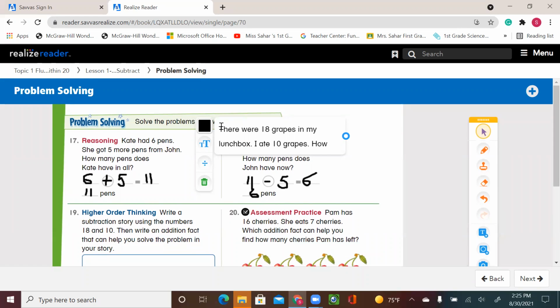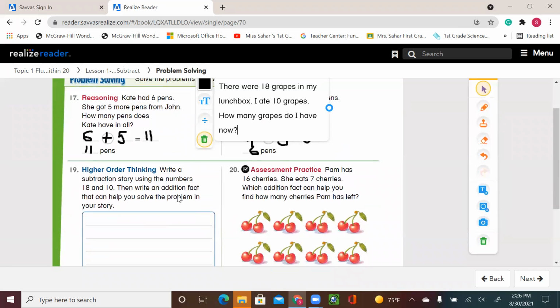So how many grapes do I have now? Okay, and then we're going to write these down here. Then we're going to do our math part.